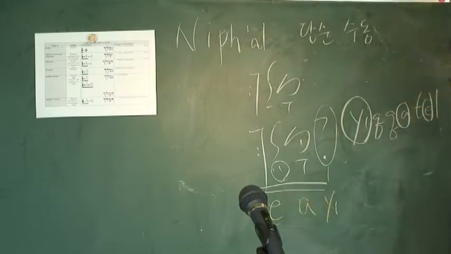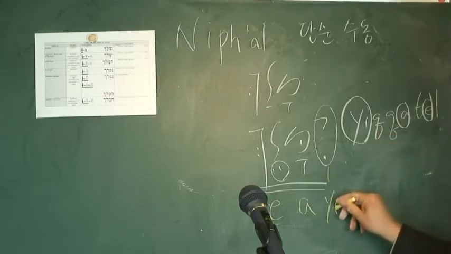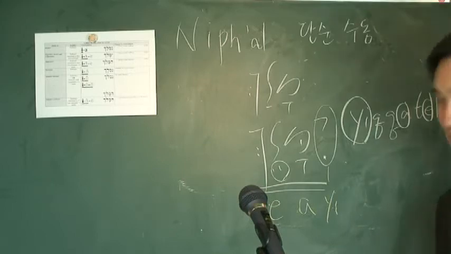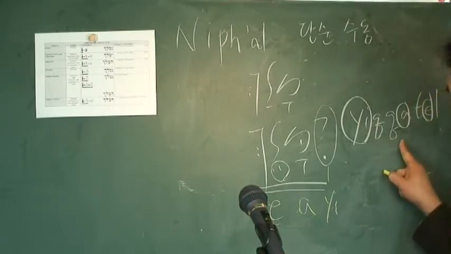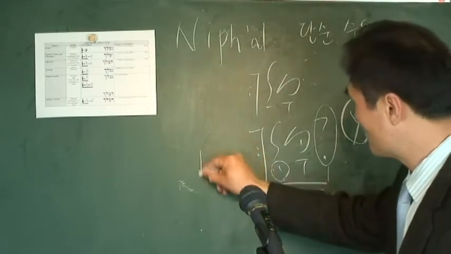I, a, e. We can use the vowels in the name to find the model of the imperfect form of the Niphal verb.